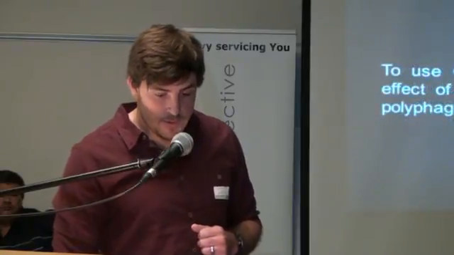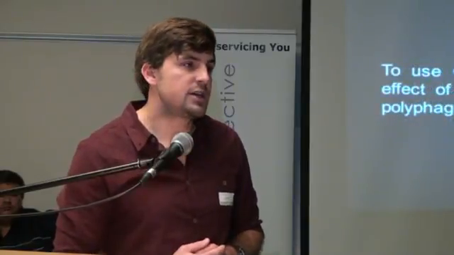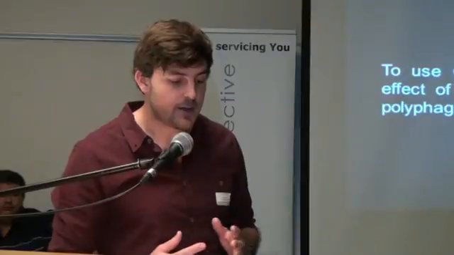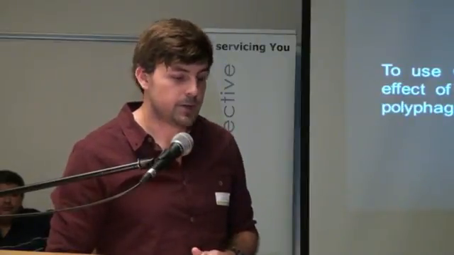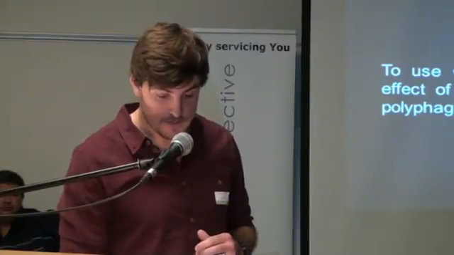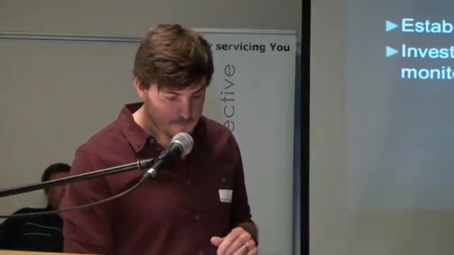Okay, so the aim of my project is to use GIS and geostatistics to better understand the effect of biotic and abiotic factors on the distribution of polyphagous pest populations on an area-wide basis. The objective is to establish a GIS and a relational database containing biotic and abiotic factor data of the study areas, as well as historic pest monitoring data.